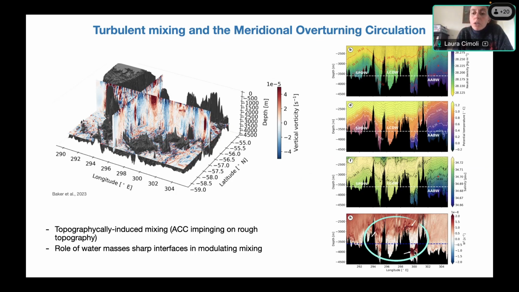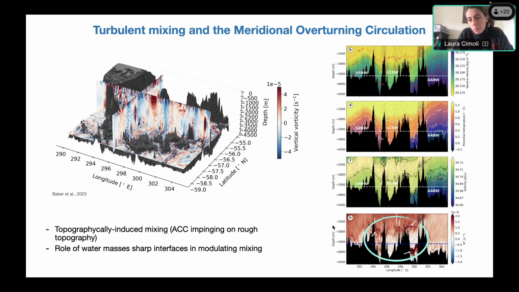This is important because these interfaces can modulate mixing. They can either suppress mixing if the stratification is too strong, or they can create patches of very high shear where mixing is enhanced. So they can modulate how much Antarctic bottom water is being transformed and where it is being transformed, making it a much more intermittent phenomenon.